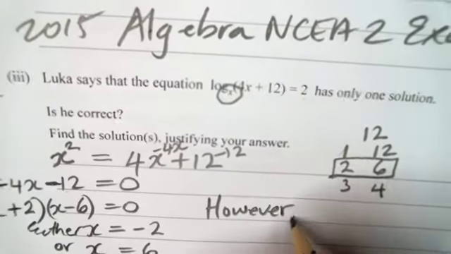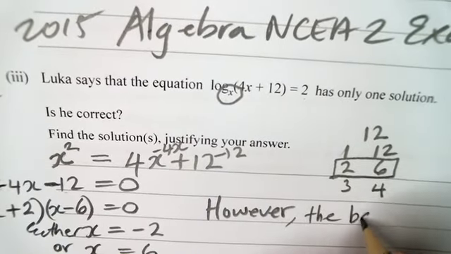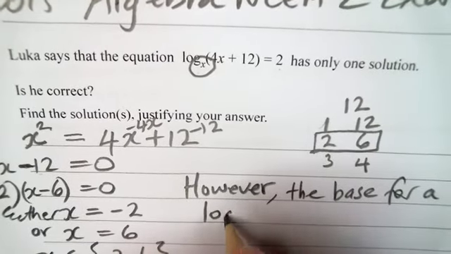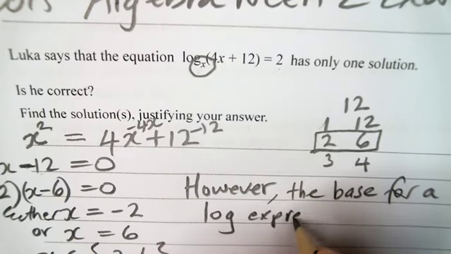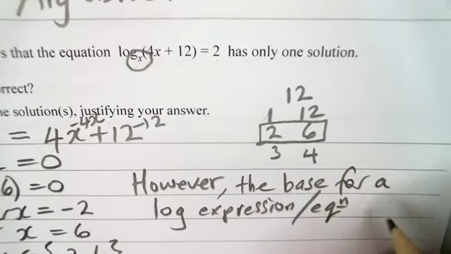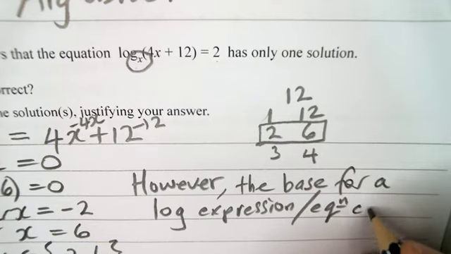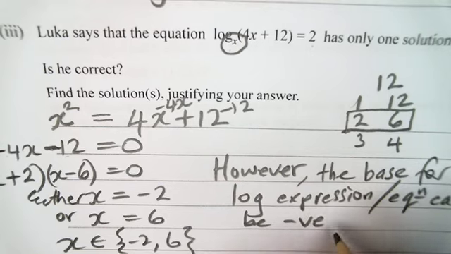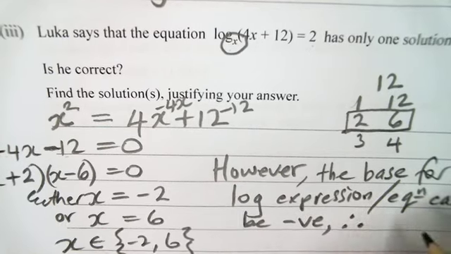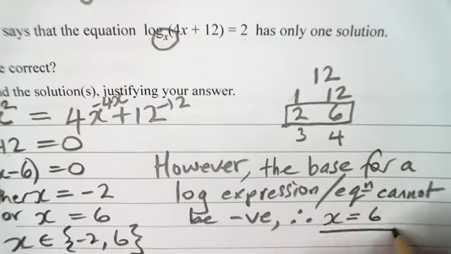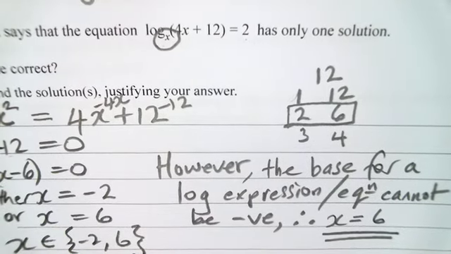And the base for a log expression or equation cannot be negative. Therefore, x equals 6 is our only answer. And that would be the way I would approach that question.